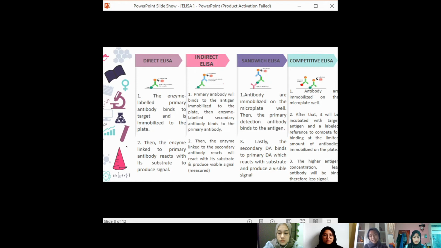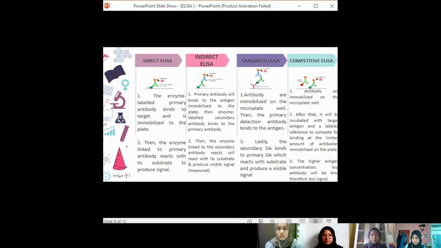Therefore, less signal. So the question is, why are we using ELISA compared to other tests? If we see Western blot, it also uses antigen, antibody, and detection antibody. But based on what I learned from Dr. Muaz, he said the major difference between ELISA and Western blot is that ELISA is much more accurate than the other tests.